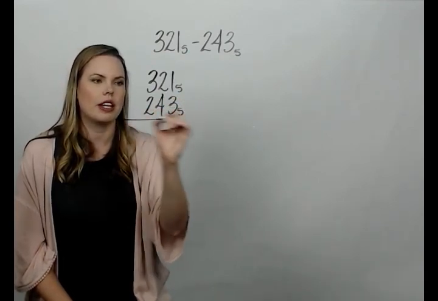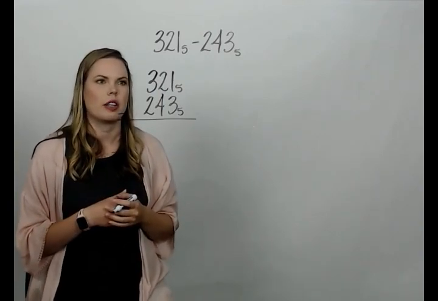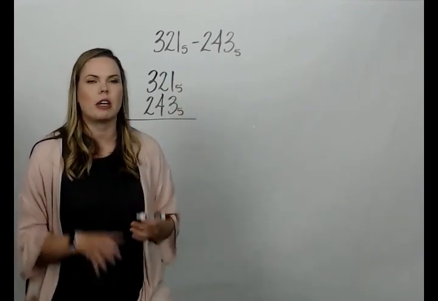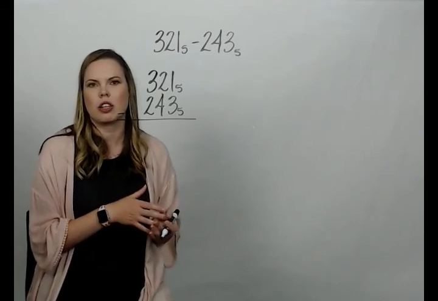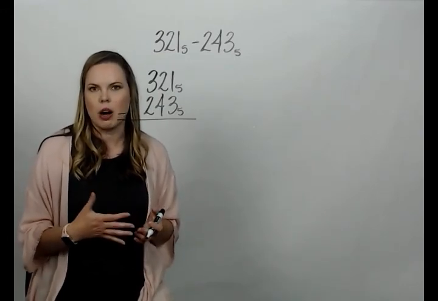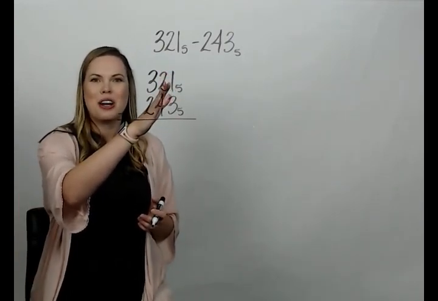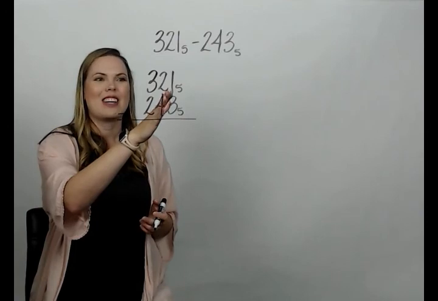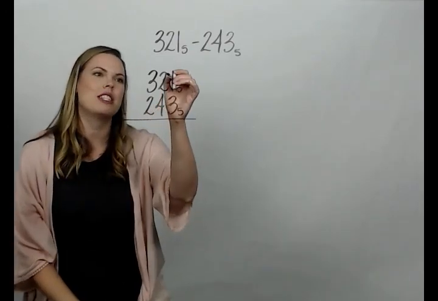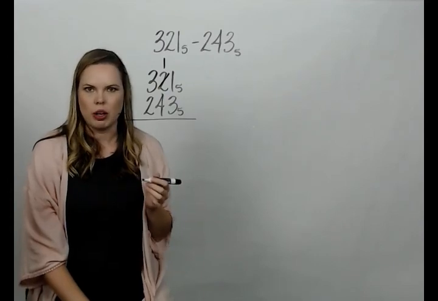So we're going to stack these vertically, just in our regular subtraction algorithm. Already we see that we have 1 unit and we need to subtract 3. We don't have enough to subtract, so we're going to have to do some borrowing. We look to our 5's place, and we have 2 5's. I'm going to take one of those 5's away, so I'm left with only 1 5 now.